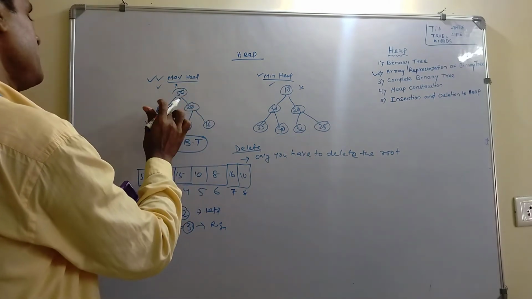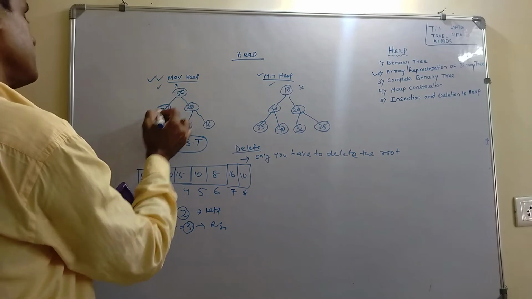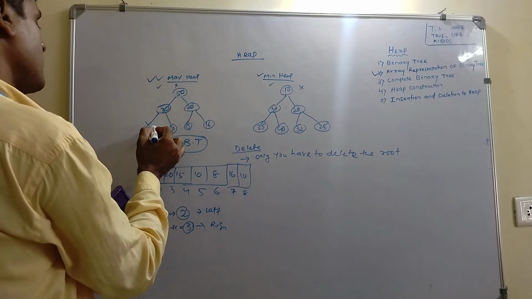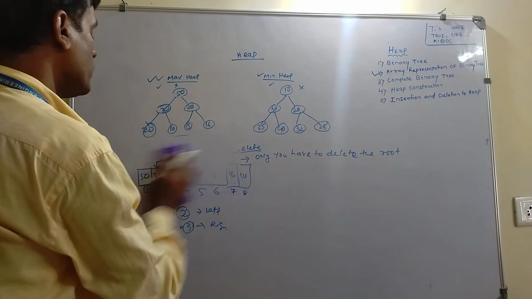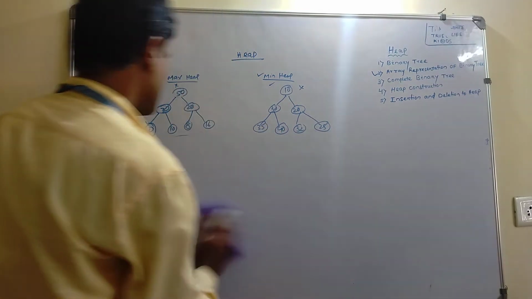Suppose this is 50, this is 30 and this is 20. This is my usual max heap tree. I want to delete one element, that is 50.